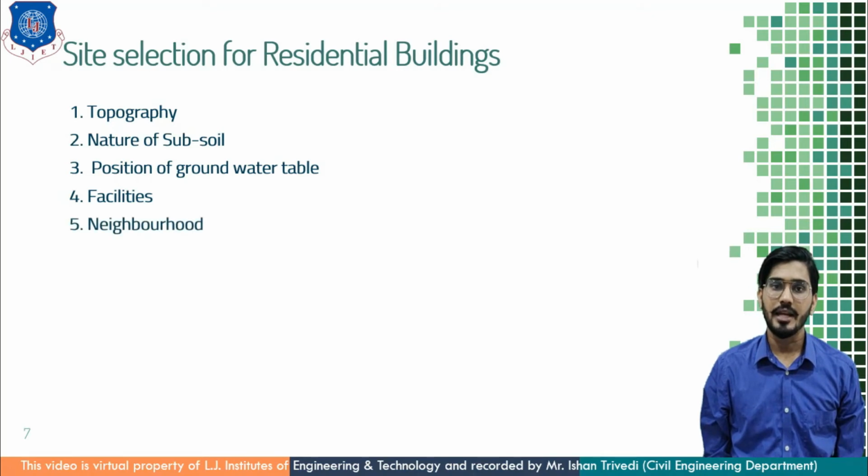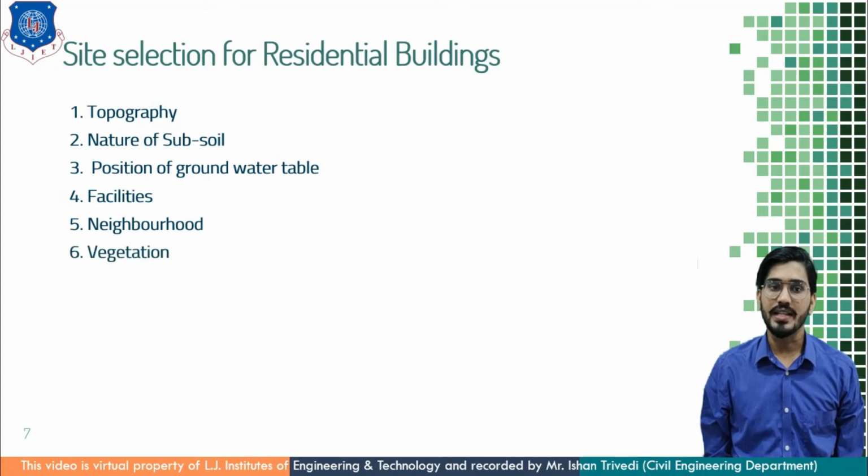Next is neighborhood. While planning a residential building in a locality, it is one of the important factors to consider the economic status of the residents at the local level, and a good neighborhood is essential for pleasing living as it deals with the comfort and safety of inmates.